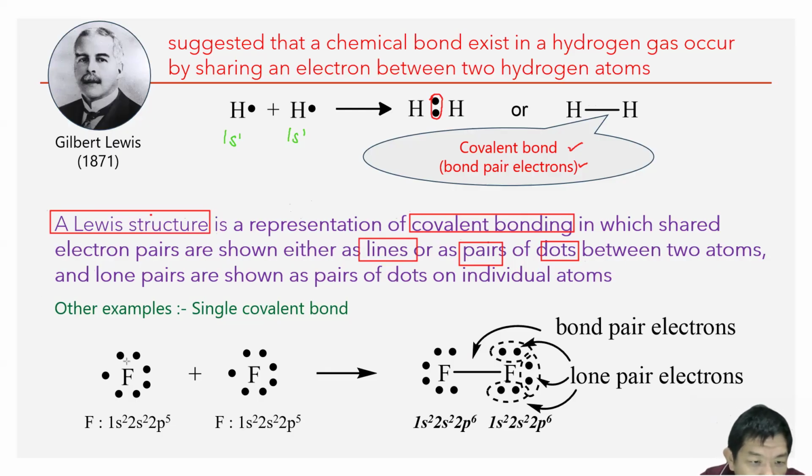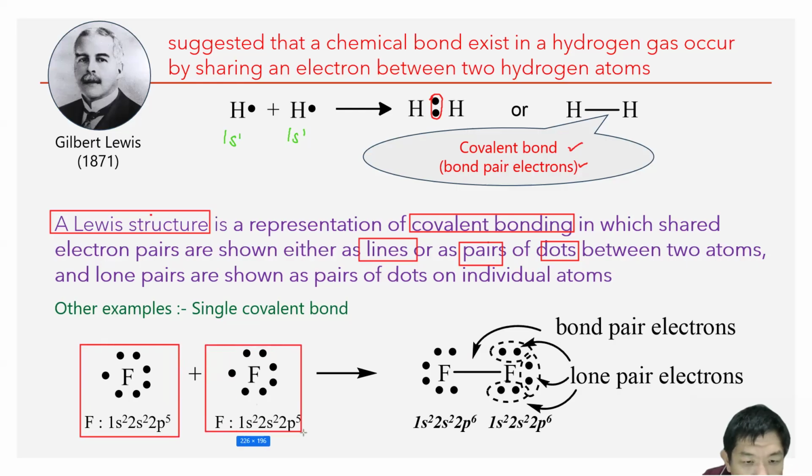So, for example, with two fluorine atoms, both have the valence electron configuration 2s2, 2p5, so both lack one electron to achieve octet. Therefore, each fluorine atom will share an electron to form a single covalent bond between the two fluorine atoms.